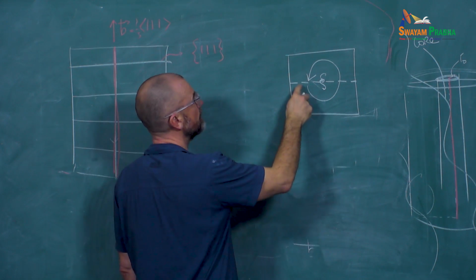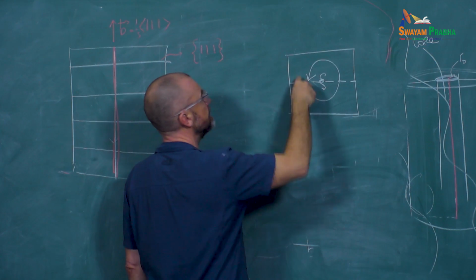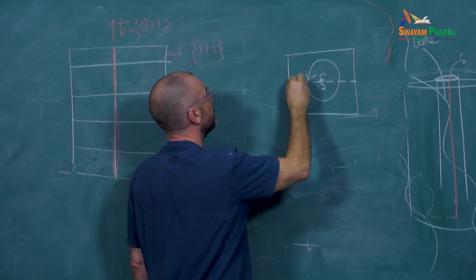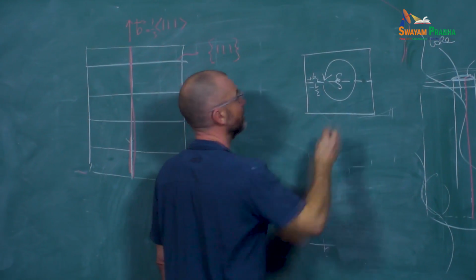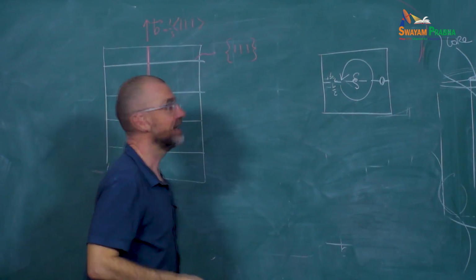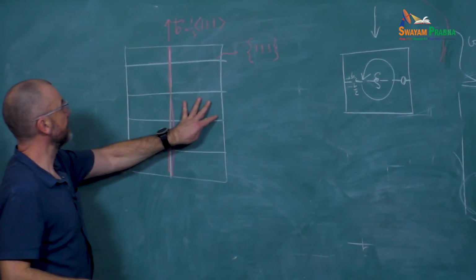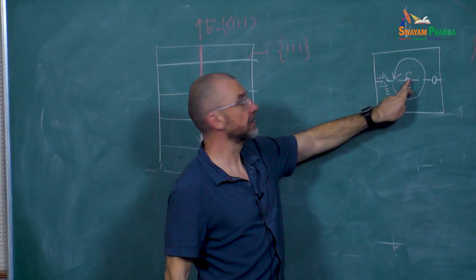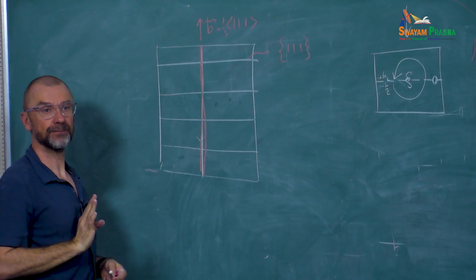The displacement in this region will be minus b over 2. The displacement in this region will be plus b over 2. The displacement in this region will be 0. Yes? So if I look from the top, this region would be here. So actually these planes will not change.